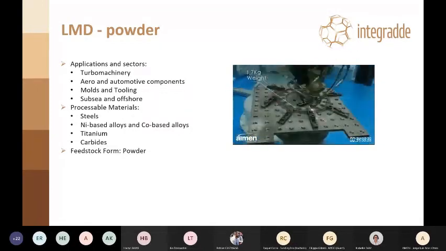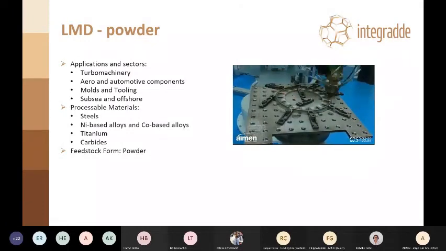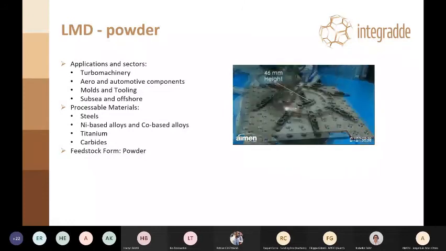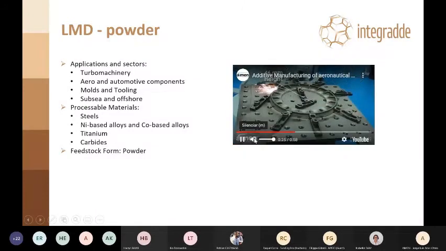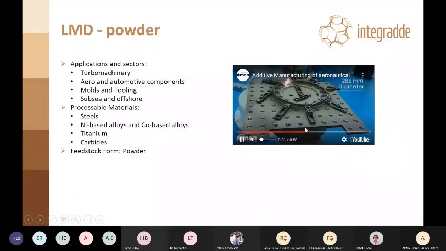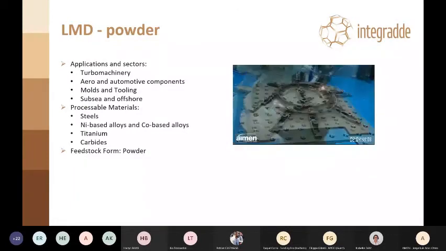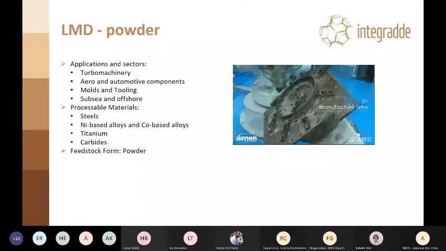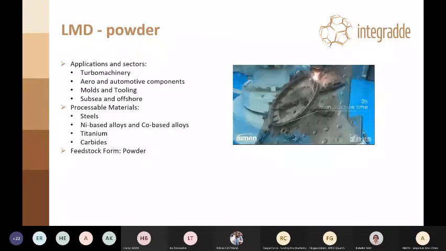Well, as you can see, the speed accelerated. The total weight of the component is 1.7 kilograms, and the manufacturing time was 3 hours.